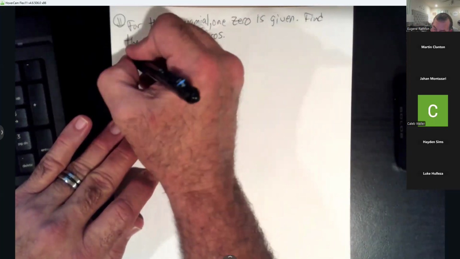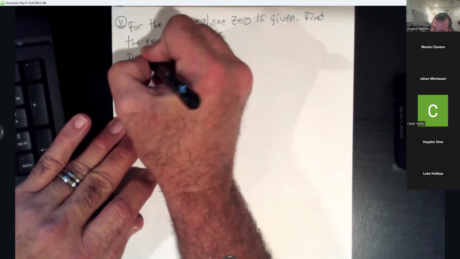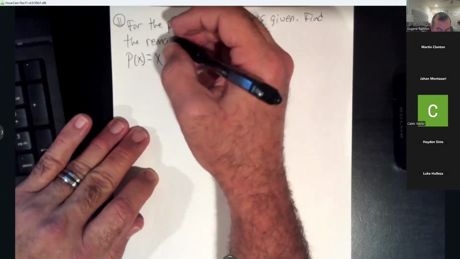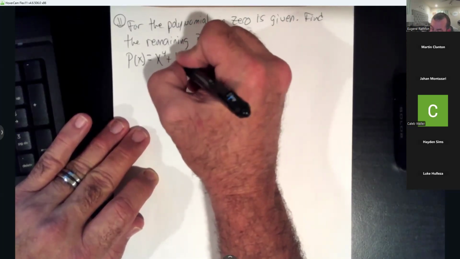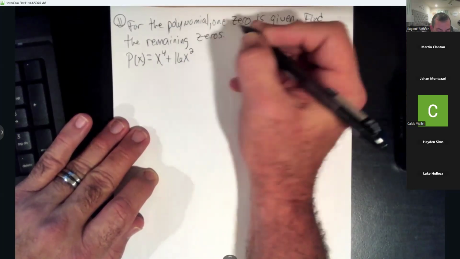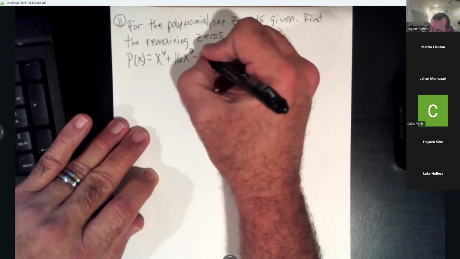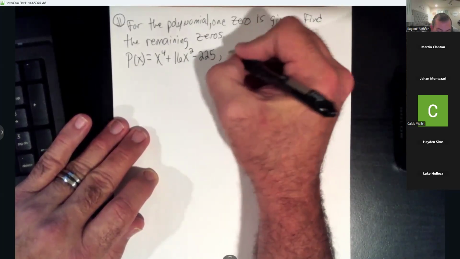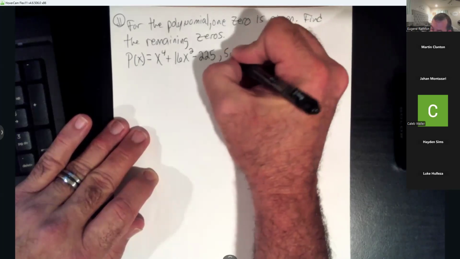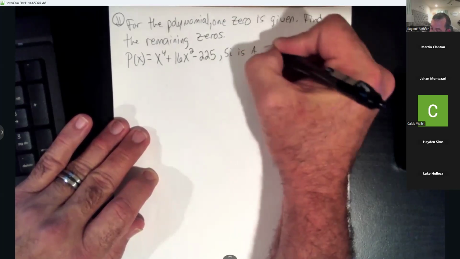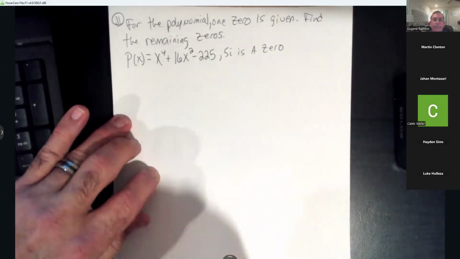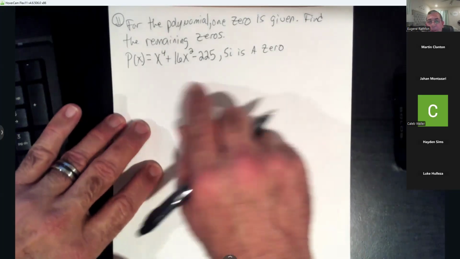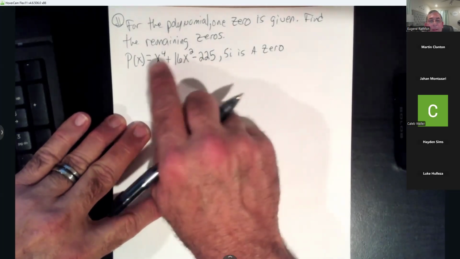All right, y'all, so they're giving me P of X equals X to the fourth plus 16X squared minus 225. And they're telling me 5I is a zero. So y'all, this is going to give us a little bit of stuff we got to do to this one.